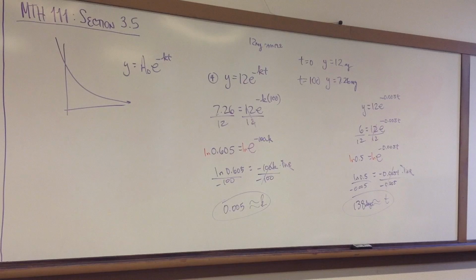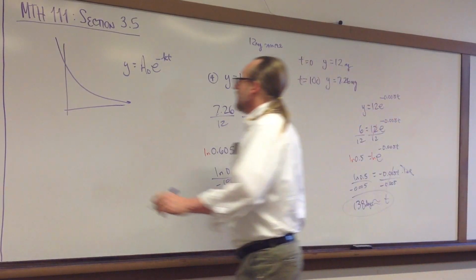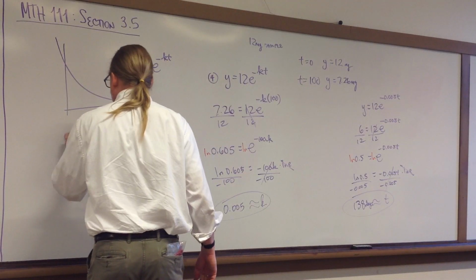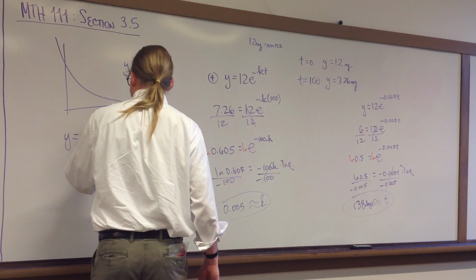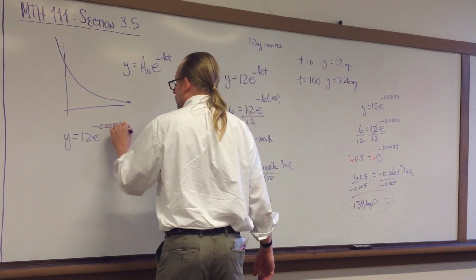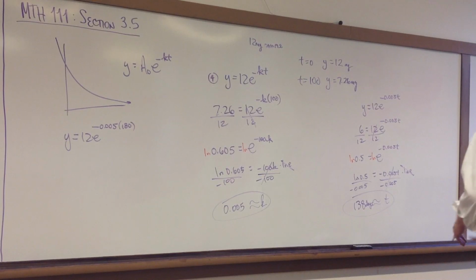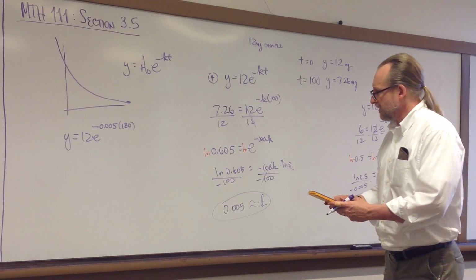And then part B, how much of the 12 milligram sample remains after 180 days? So now we just have to calculate 12 e to the minus 0.005 times 180, and that'll give us what's left after 180 days.